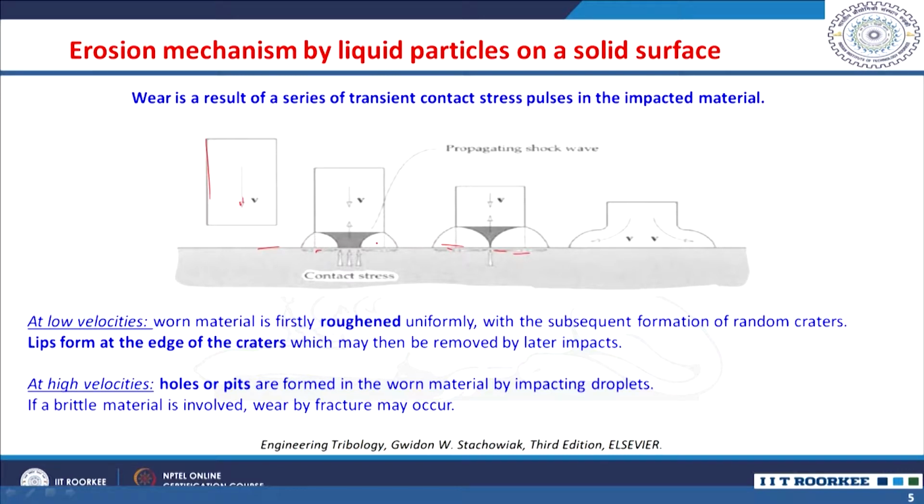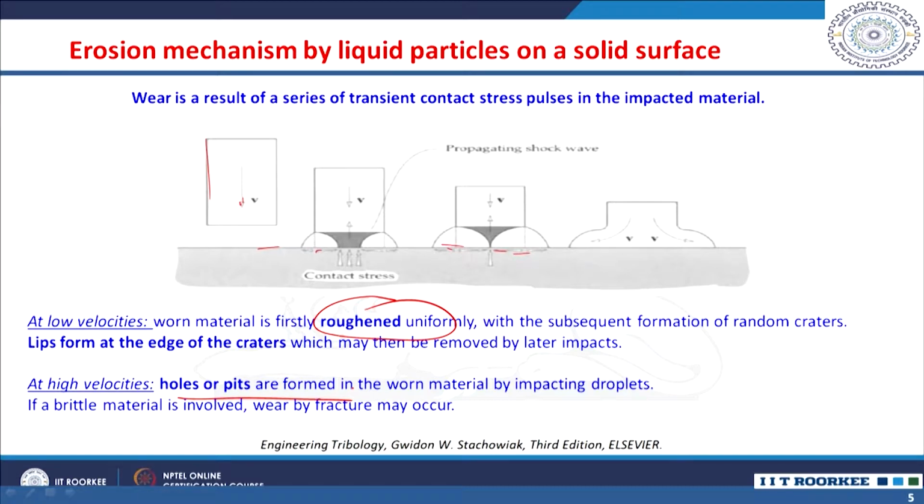With respect to velocities, at lower velocities the material is first roughened uniformly, followed by the formation of craters. These craters lead to material removal. At high velocities, holes or pits are formed on the material by the impacting droplets.